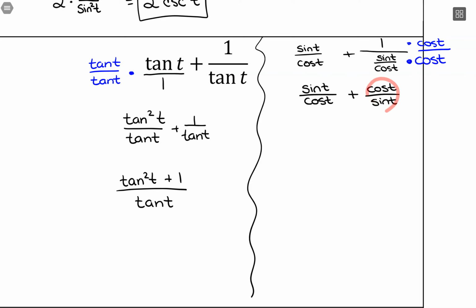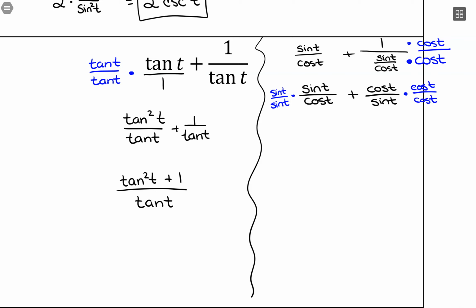Which makes sense, we're seeing cotangent over there because it was 1 over tangent. So we could have even done that, like saw that was cotangent and knowing that that would make cosine over sine. So many of these pieces relate together. All right, so I want to add together these two fractions, but I need a common denominator. So here I have cosine, but I need to multiply on sine. So I'm going to multiply by a version of 1 with sine, and over here I'm missing cosine.